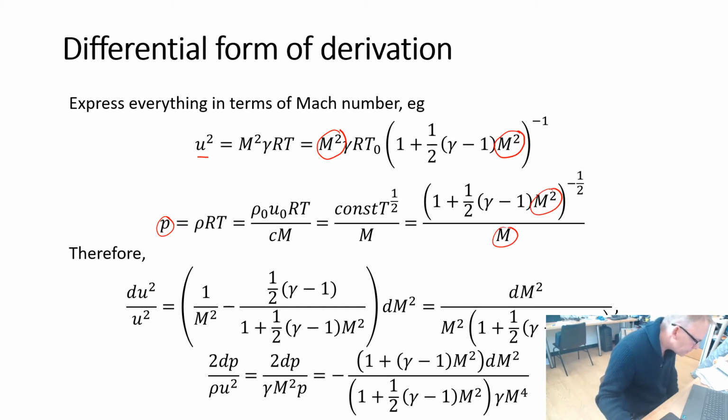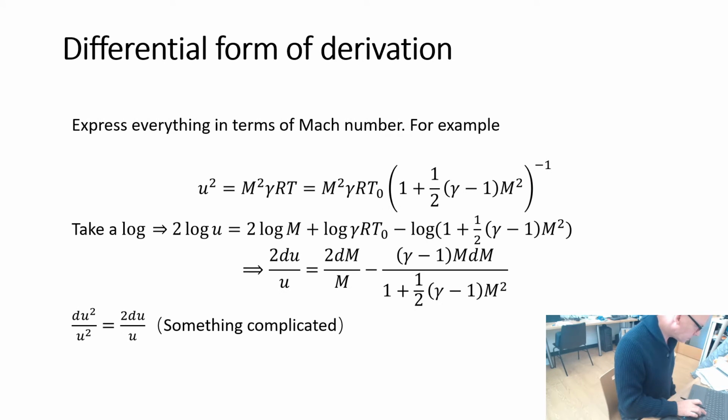The momentum flux you saw was in terms of du's, so we convert the du's to du squared over u squared using some manipulation, and then we convert those to dM squared over M squared. At this stage it's just a little bit of algebra moving around.